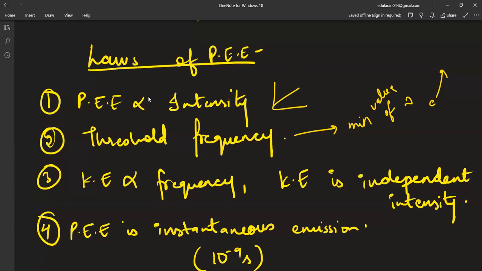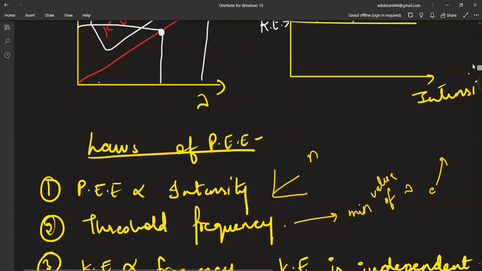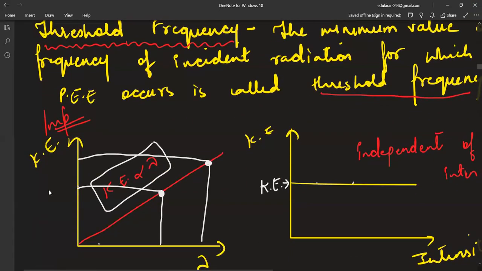They are directly proportional, that is, the number of electrons increases. So you have the threshold frequency, and you have the intensity getting increased. Then the last one which we had seen, this graph, is known as the third law: kinetic energy is directly proportional to frequency and kinetic energy is independent of intensity.